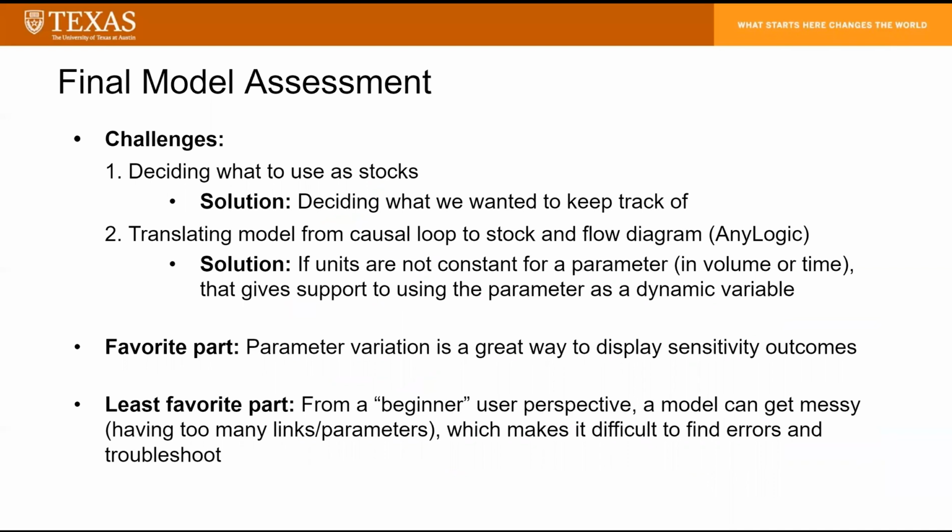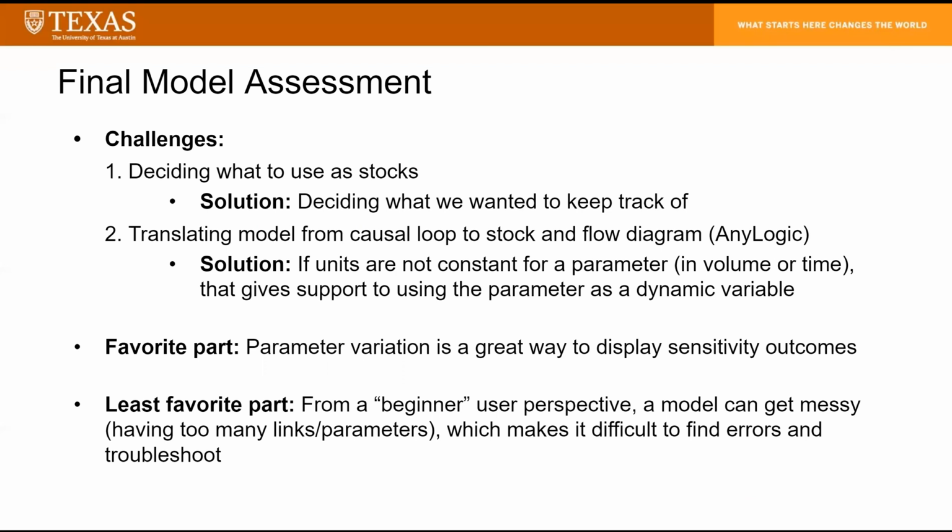The second challenge was translating the model from the causal loop to a stock and flow diagram in AnyLogic. Now the solution for that was that maybe if units for a parameter are not constant in volume or in time with the other variables in the model, that gives support to using that specific parameter as a dynamic variable.